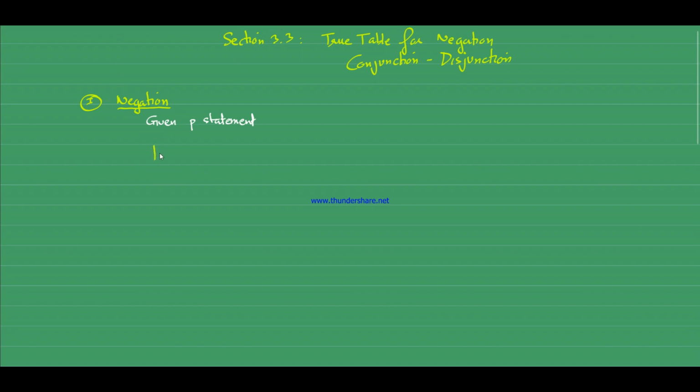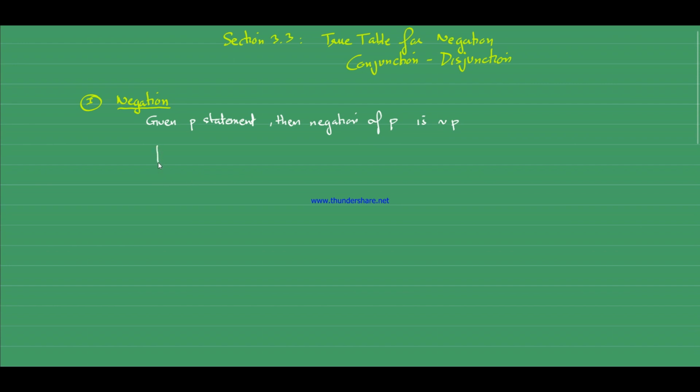Given the statement P, the negation of P is notated as tilde P. We already learned this in the previous video.